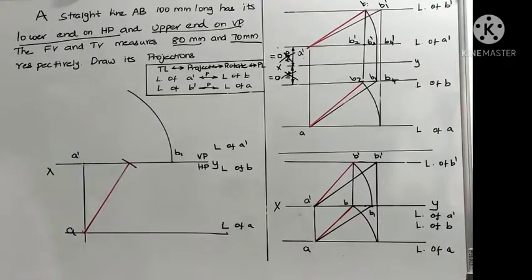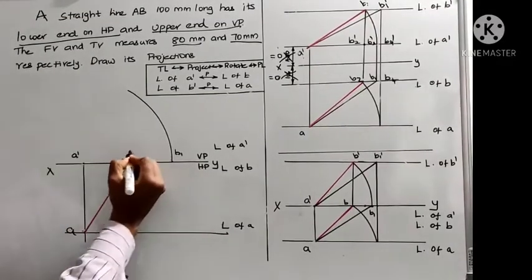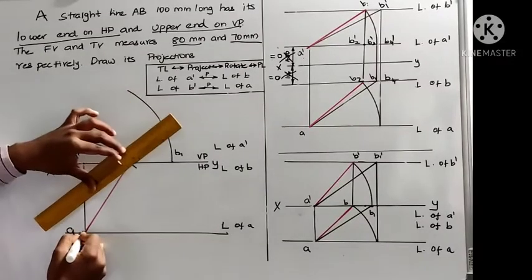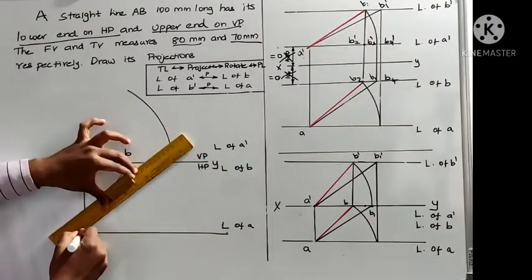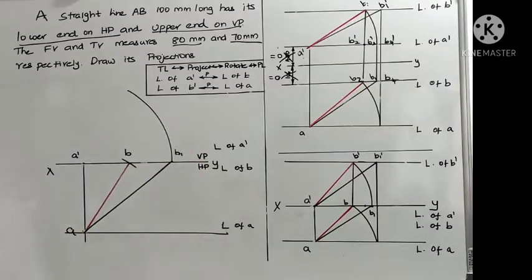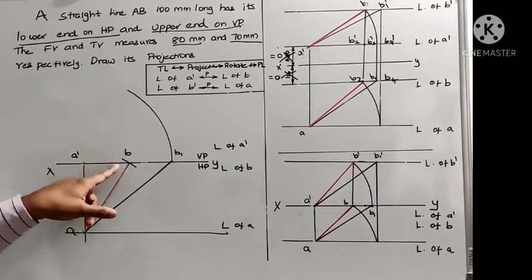And this will be my B. And this will be my true length in the top view. So I have completed the lower part of the problem. Okay. So I have the top view.